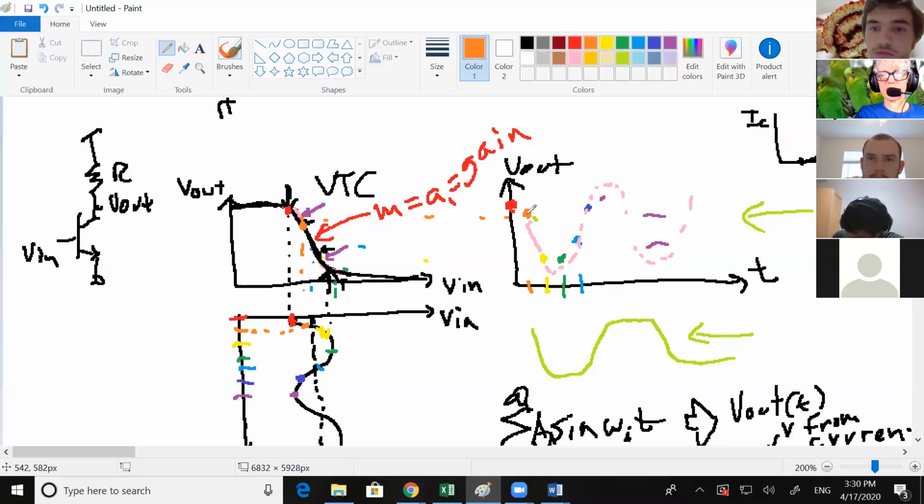So at time orange, that's the value of my V out. Then at time yellow, you go up and that's what my V out value is. You can keep doing points: time green, blue, dark blue, and purple. You can use the VTC to convert them from the input value to your output value.